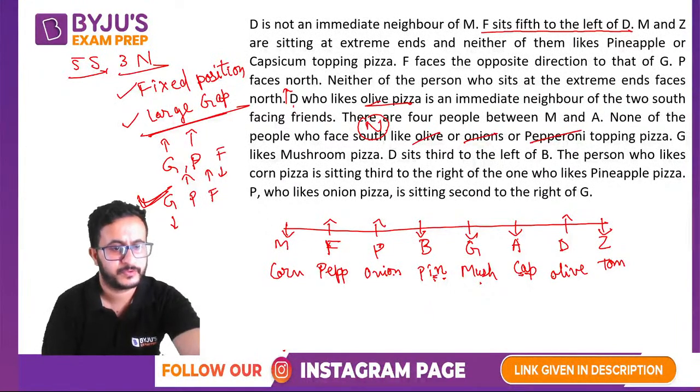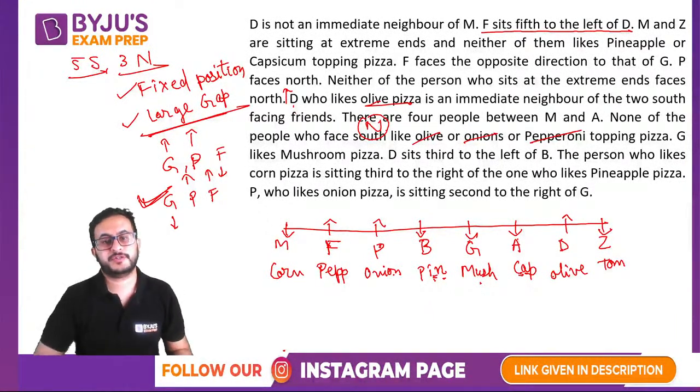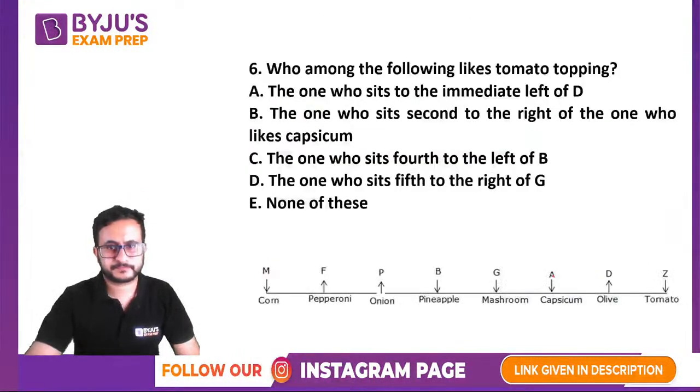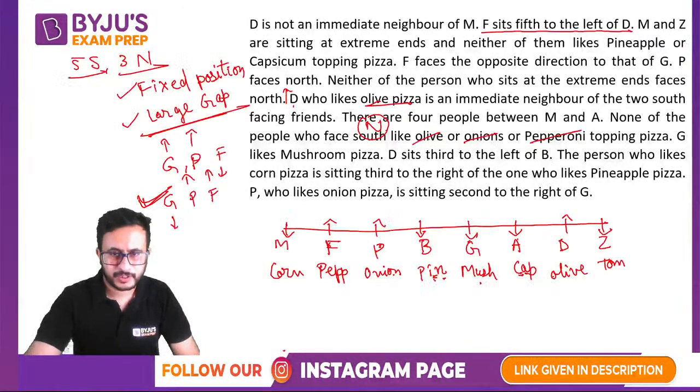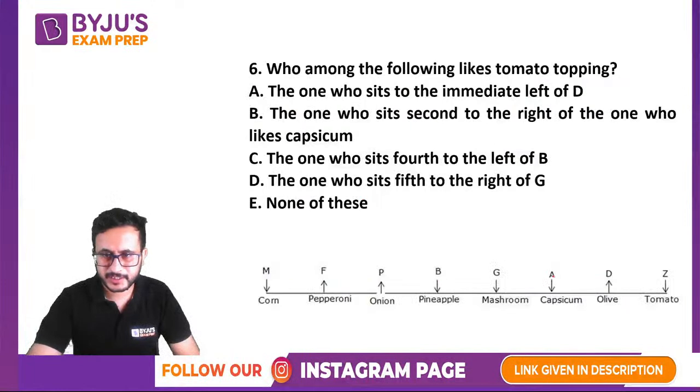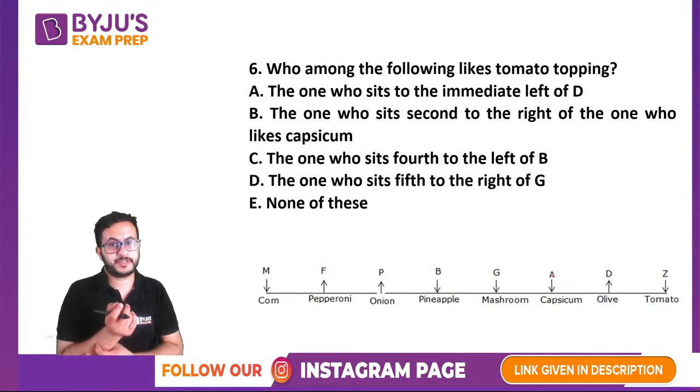Okay, so you got this, right? So this must be correct. So M, F, P, B, G, A, D, Z, and corn, pepperoni, onion, pineapple, mushroom, capsicum. So that is the correct one.